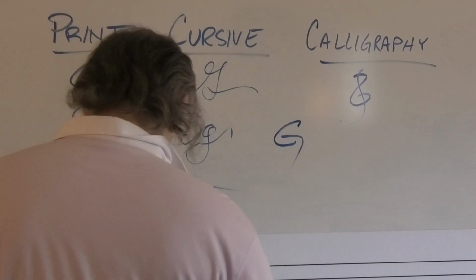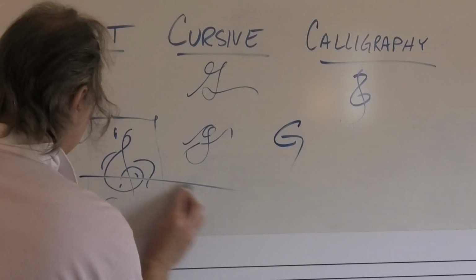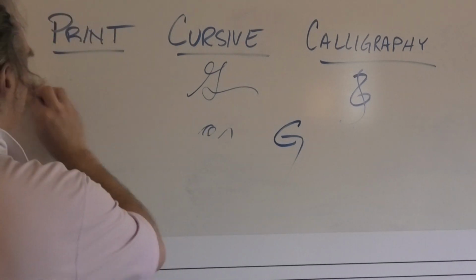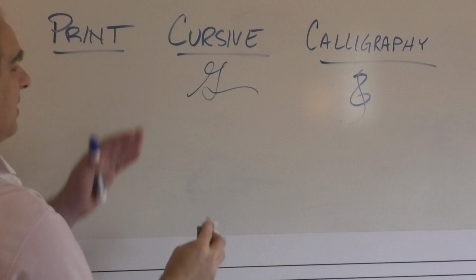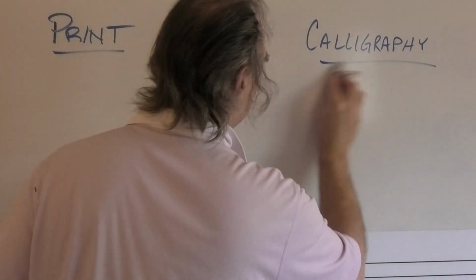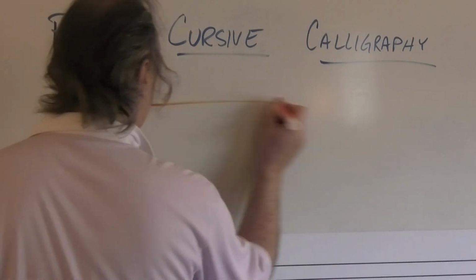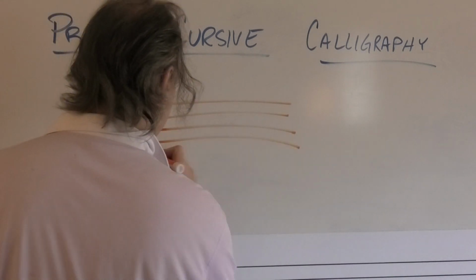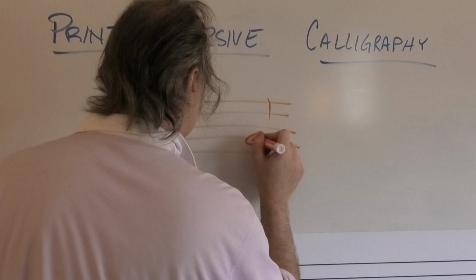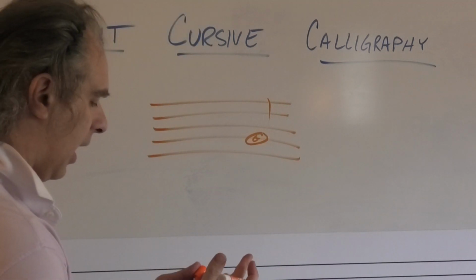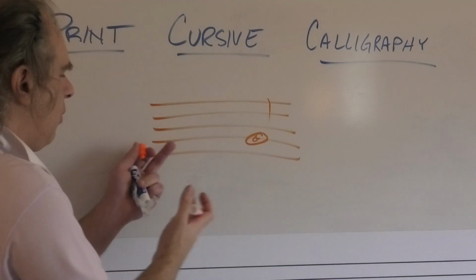And why is it a G? Well, you need something. If I give you a 5-line staff, the notes on the top staff are different from the notes on the bottom staff. So if I draw a staff and say, sing that note, you're going to ask, what note is that?